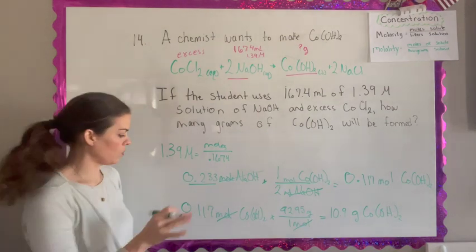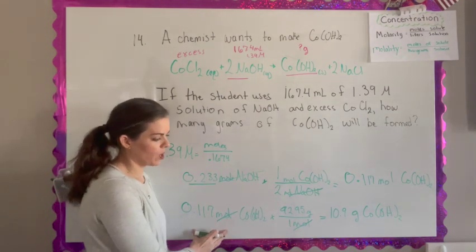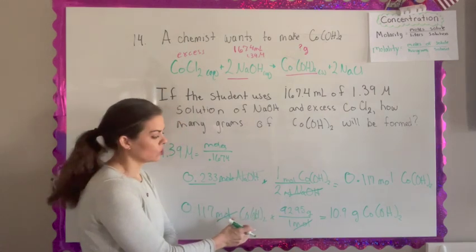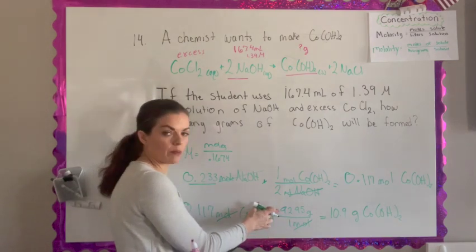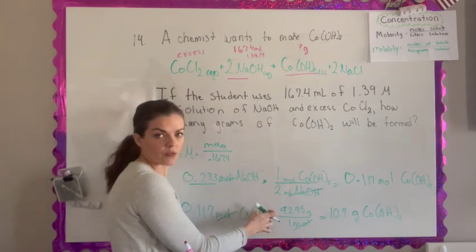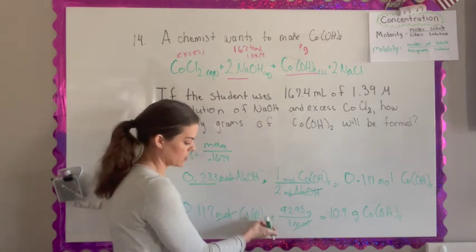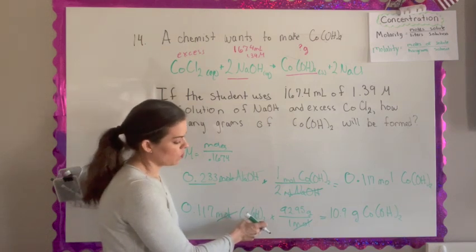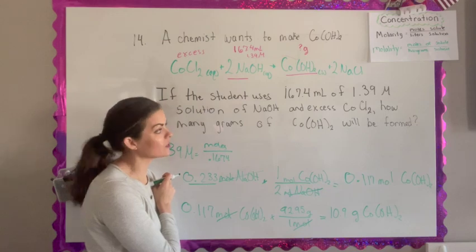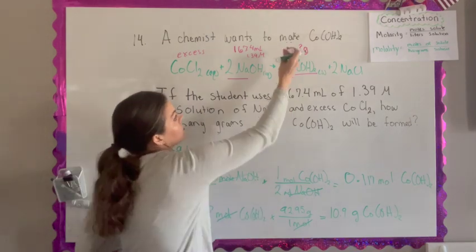So once I know my moles of the product, I'm going to use my molar mass to calculate to grams. And so from my periodic table, I can add up that my molar mass is 92.95. So this is the 2 hydroxides and the cobalt. And so once I do that multiplication, I get 10.9 grams of the product is produced. So 10.9.